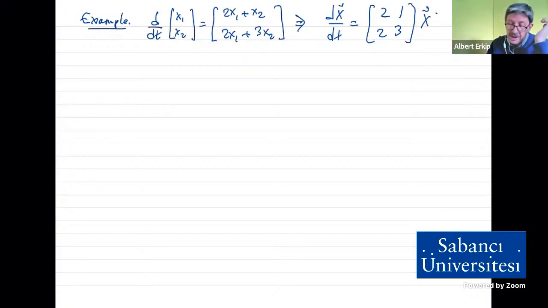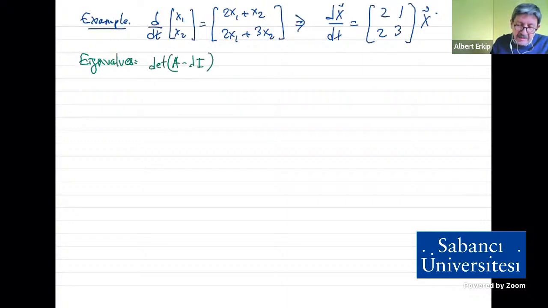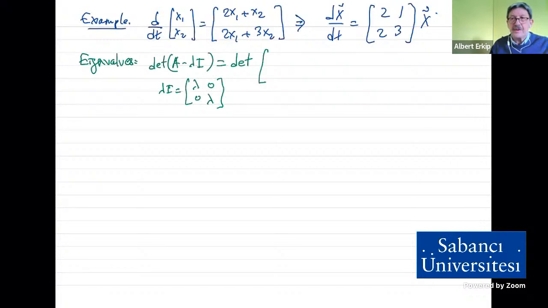I want to solve this. To solve it, first find the eigenvalues. For that, I have to look at the determinant of A minus lambda I. Lambda I is the diagonal matrix with lambdas: lambda, 0, 0, lambda. So you get 2 minus lambda, 1, 2, 3 minus lambda.